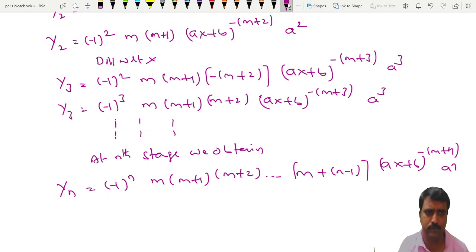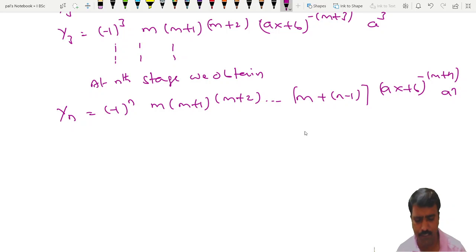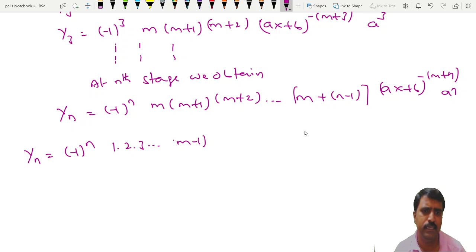So now if we simplify this again, yn is equal to minus 1 to the power n. You keep that as it is. So here this is m plus 1, m plus 2 and so on. So the values keep increasing. So here you multiply 1 into 2 into 3 up to m minus 1.